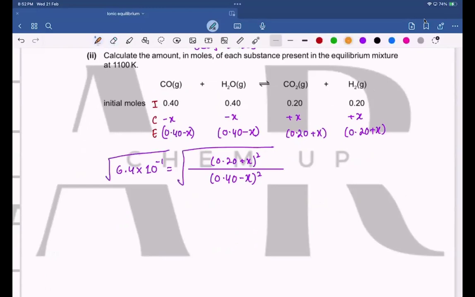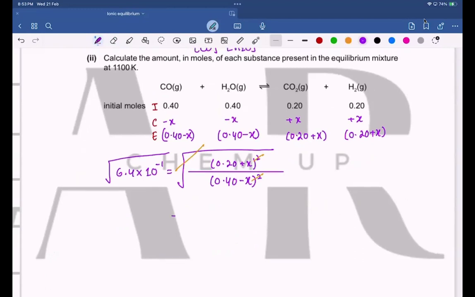So on the right side, as there are squares, these squares get cancelled by the square root, and now on the right side we will have only 0.20 plus X over 0.40 minus X. Is this clear to all of you?